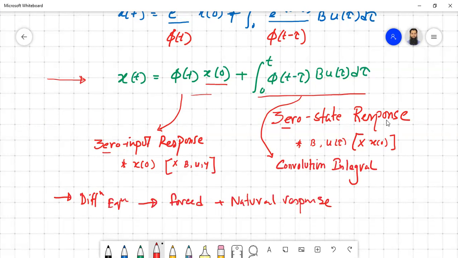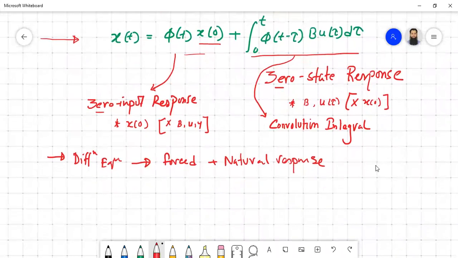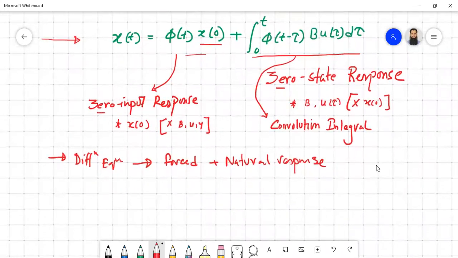And the second difference is, once we calculate the response in differential equation form, we have seen that the natural response depends on the initial value of the input and the output, as well as their derivatives, that is of your u and y, and their corresponding initial values as well.